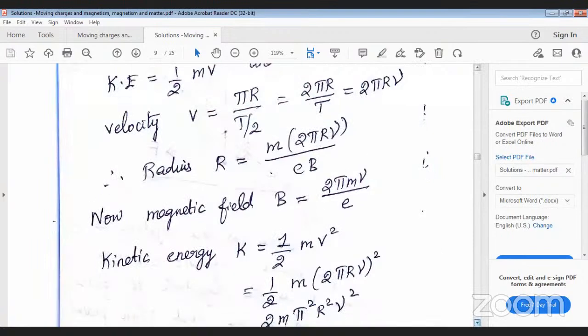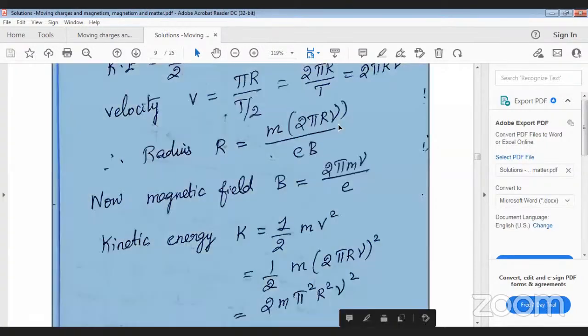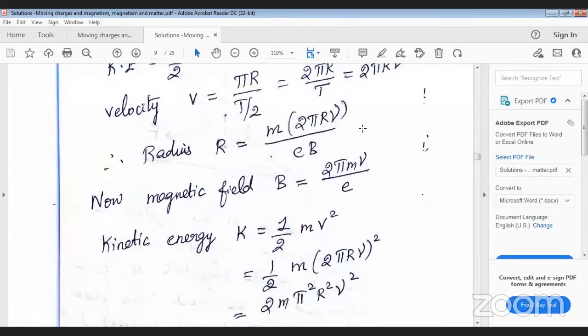So now, what is the magnetic field value? Here, this B can be taken to the other side, and r can be taken here, so this r and r will get cancelled. I think you can understand this equation, but if you don't, I can write it here also.